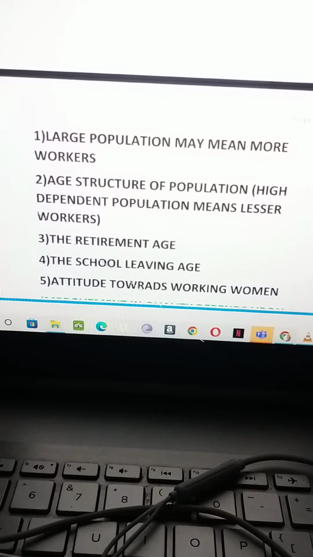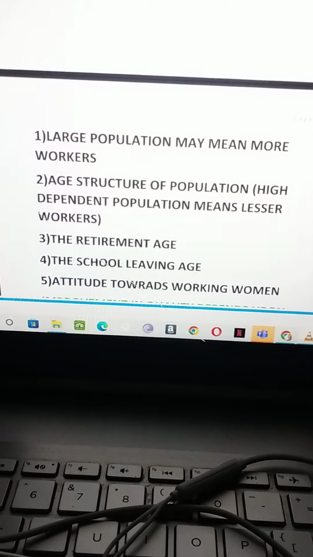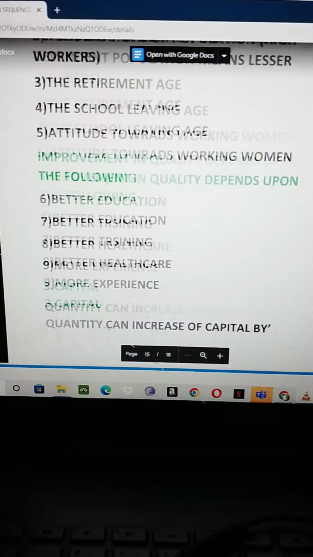If there are more young people in the working age group in the age structure, there will of course be more people available as labor. If the retirement age is high, for example, in Pakistan it is 60, in the UK it is 65. If you increase the retirement age, of course, those people are available for work. So now you have to see for yourself what the different factors given over here are.